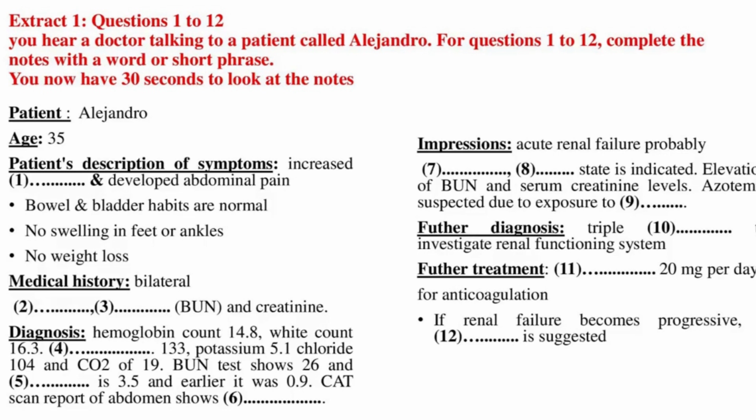Potassium 5.1, chloride 104, and CO2 of 19. BUN test shows 26 and creatinine level is 3.5, and earlier it was 0.9. The CAT scan report of your abdomen shows poor perfusion to your right kidney. I think you have acute renal failure, probably vein thrombosis.